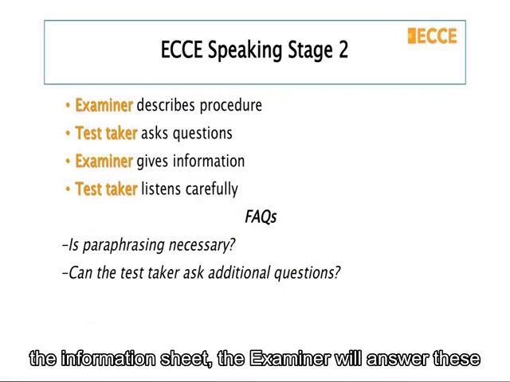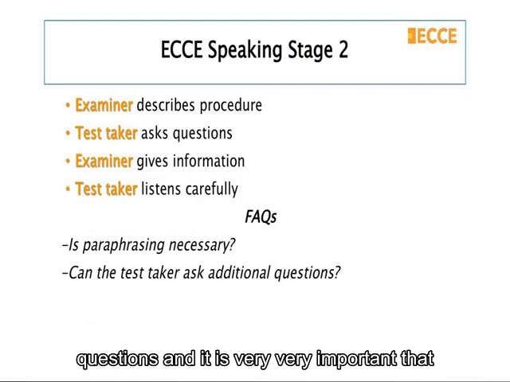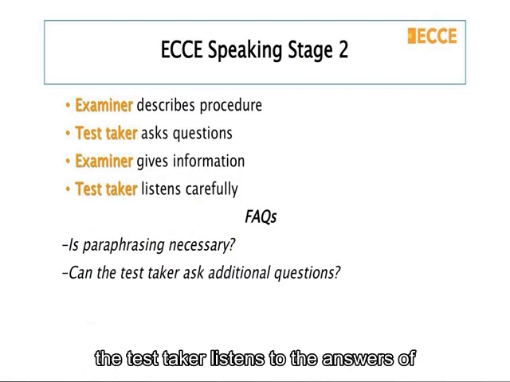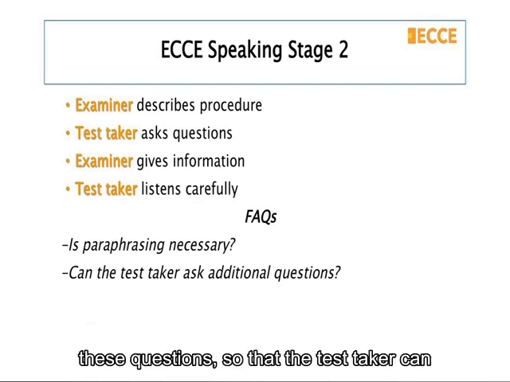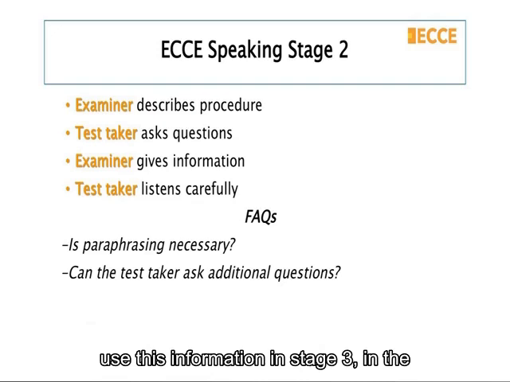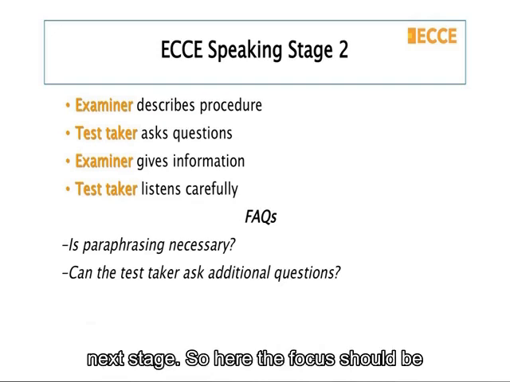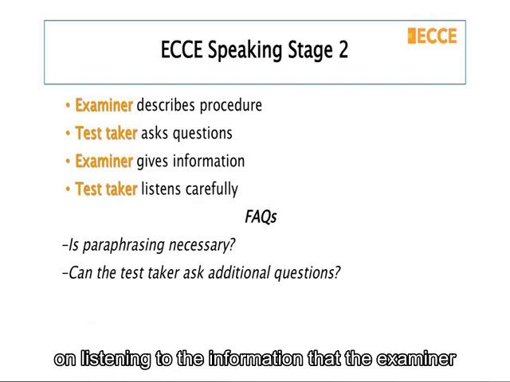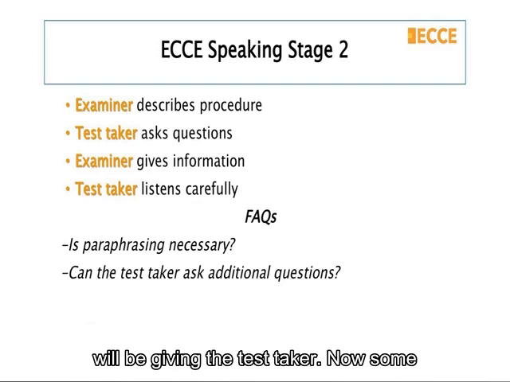The examiner will answer these questions, and it is very, very important that the test taker listen to the answers of these questions so that the test taker can use this information in stage 3, in the next stage. So here, the focus should be on listening to the information that the examiner will be giving the test taker.